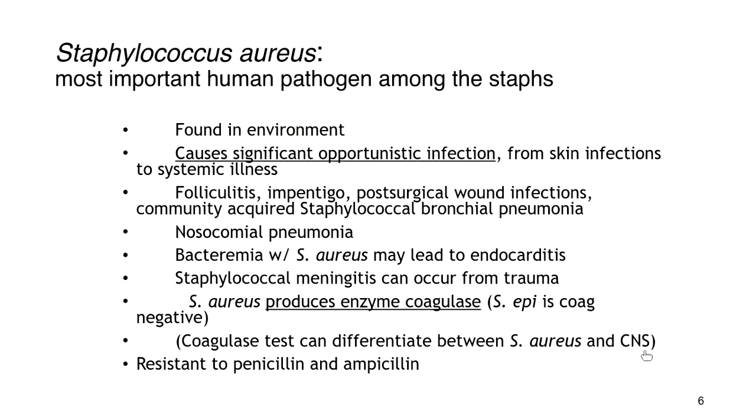In this case, it does not mean central nervous system. It means coagulase, C-O-A-G-U-L-A-S-E, coagulase negative staph. And quite often, unfortunately, Staphylococcus, especially Staph aureus, is resistant to penicillins and ampicillins.